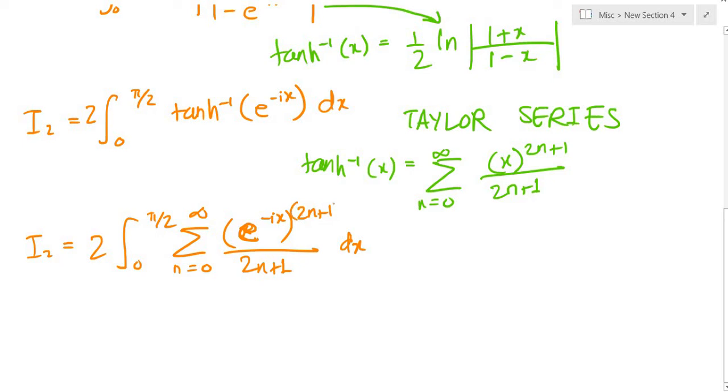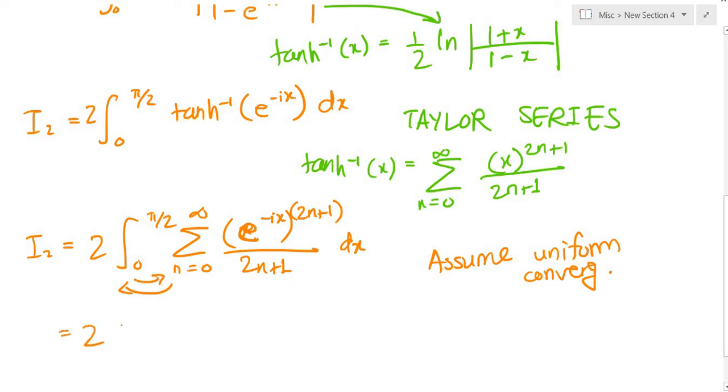Well, I'd like to bracket this term. Now we can assume uniform convergence, so that we can interchange the sum and the integral. So we have 2 times the sum from n equals 0 to infinity.